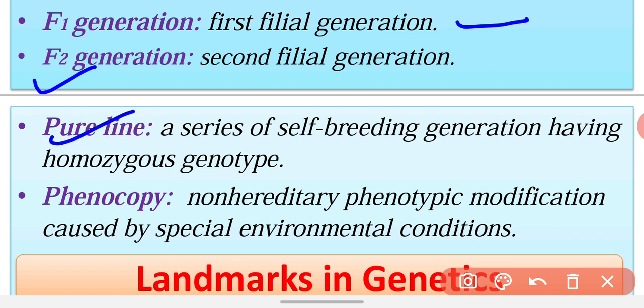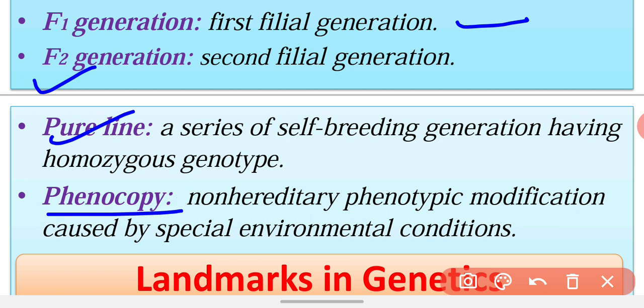Next one is the pure line, a series of self-breeding generations having homozygous genotype. That means the result of self-pollinated pea plants, and a self-pollinated organism is known as a pure line.